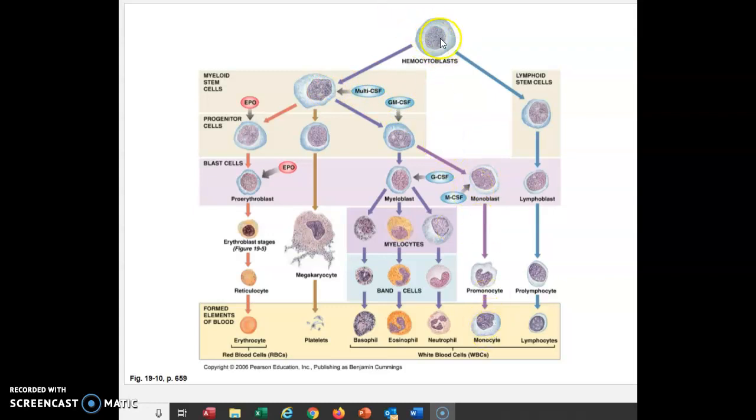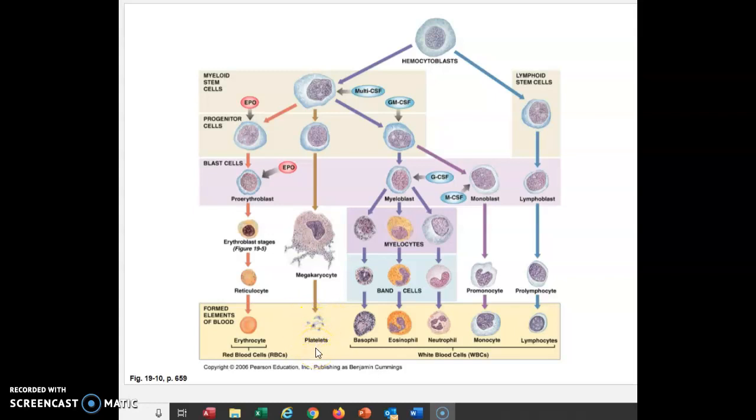All right, so what if a hemocytoblast is exposed to multi-colony stimulating factor but not GM or erythropoietin? Then it will develop into something called a megakaryocyte. The important thing about the megakaryocyte is it fragments, and its cytoplasmic parts actually become the platelets.